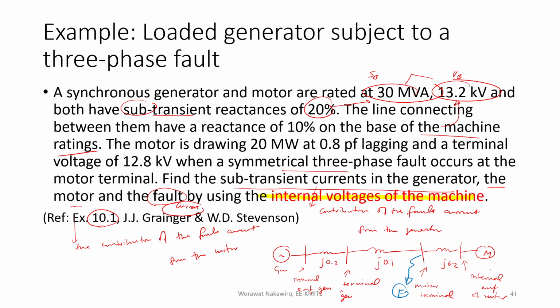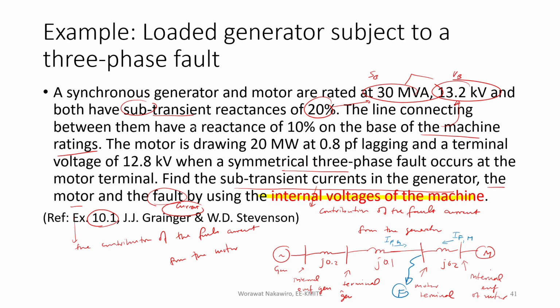So we need to work on this. The fault current is the current flowing from the generator and the current contributed by the motor.